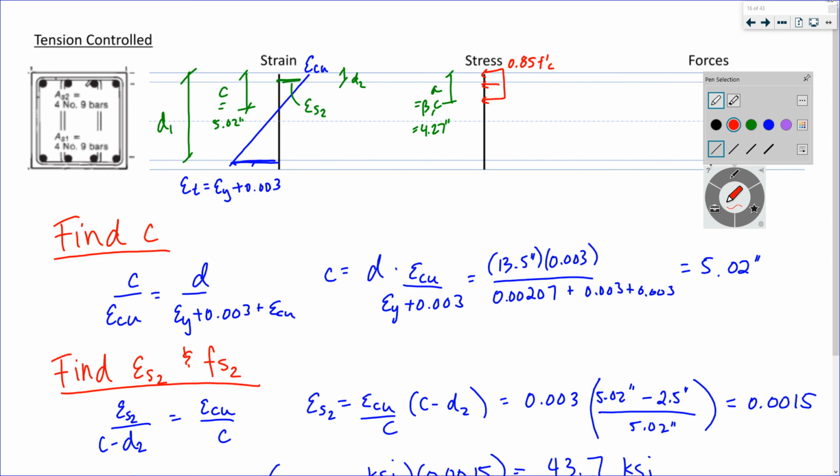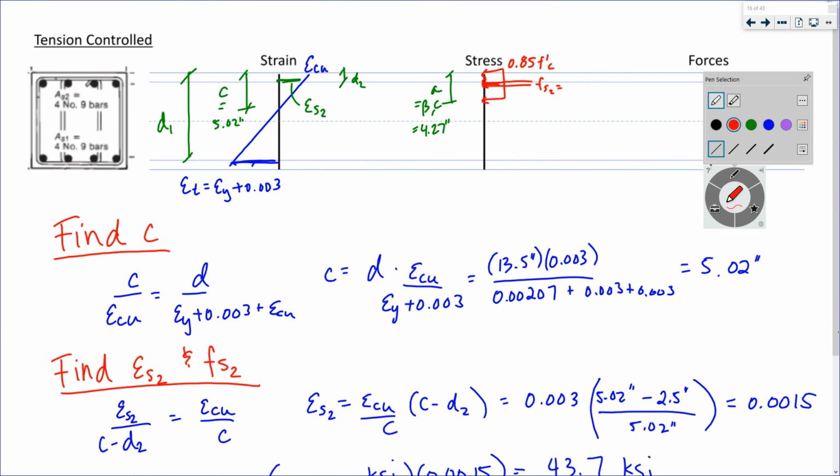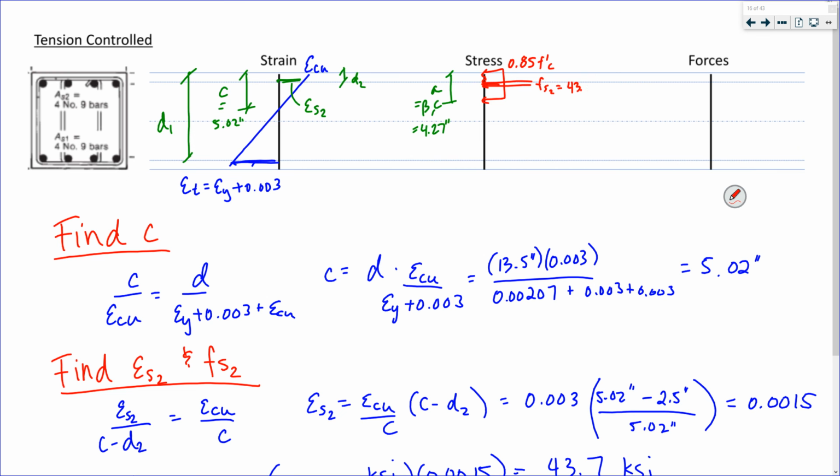We've got our stress in our compression steel, which we just determined to be 43.7 KSI. And our stress in our tension steel, which is yield.